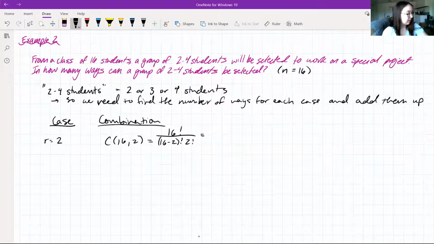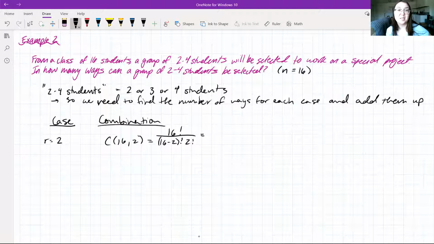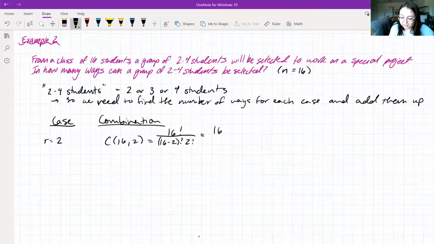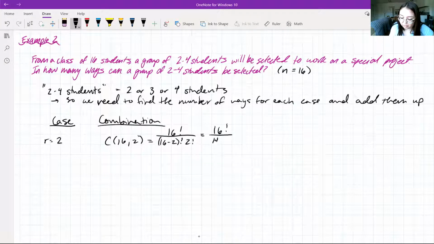Now we're at the point where our numbers are large. We really don't want to write 16 times 15 times 14 times 13 all the way down to 1. We really don't want to do that. But we see that when we simplify, we get 16 factorial divided by 14 factorial times 2 factorial.